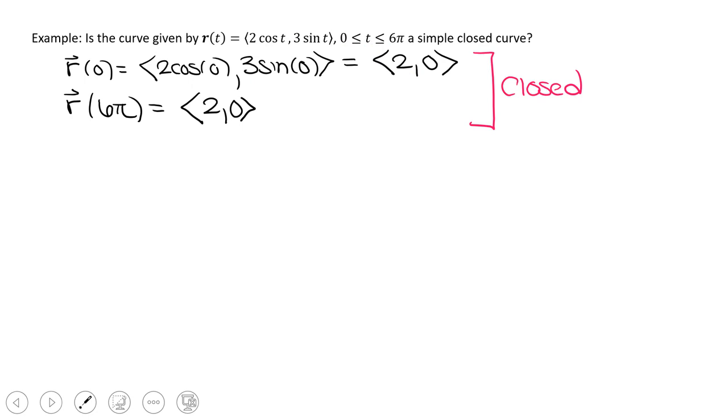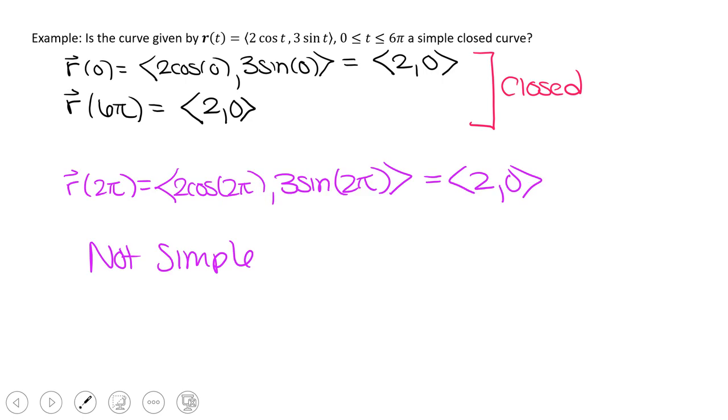All right, but is it simple? Does it cross itself? Does it repeat itself? To answer that question, if it's simple, then when I plug in any numbers from 0 to 6 pi, I should never have repeated values. I shouldn't get the same output at more than one place. In this case, because I have trig functions, I can see these are periodic, they're going to repeat themselves.